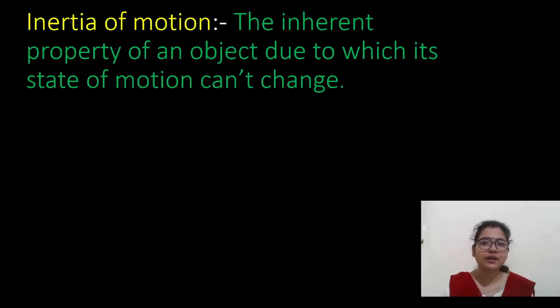Now we will see inertia of motion, the inherent property of an object due to which its state of motion can't change. It means if a body is in motion, it will remain in motion. It will not change itself.